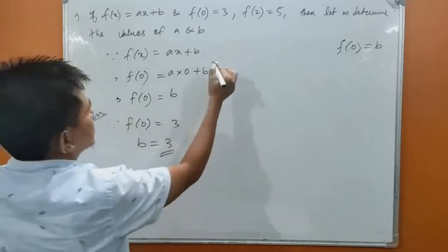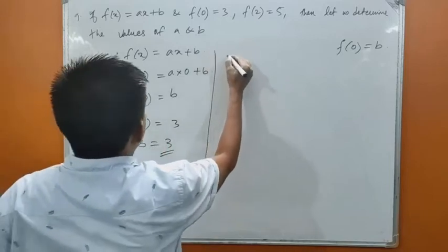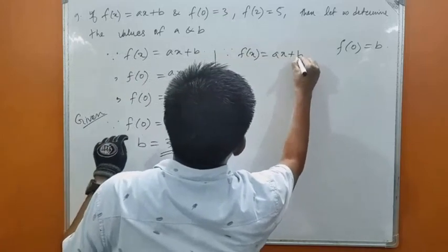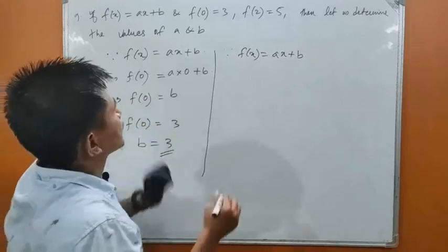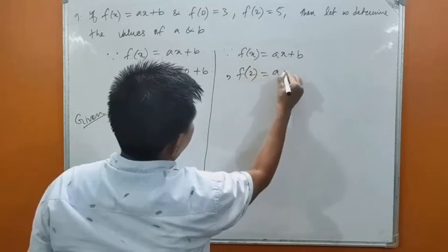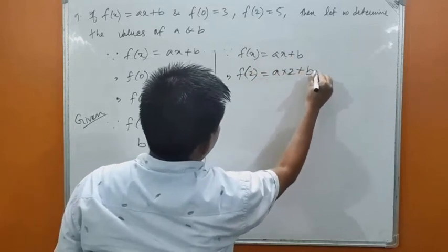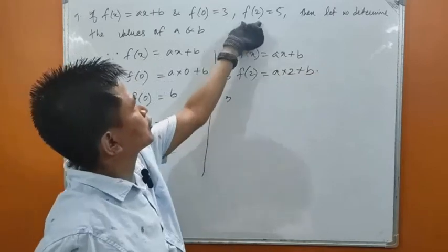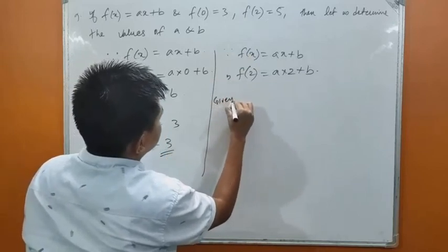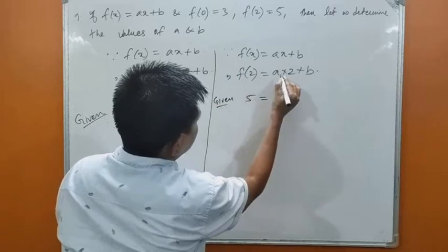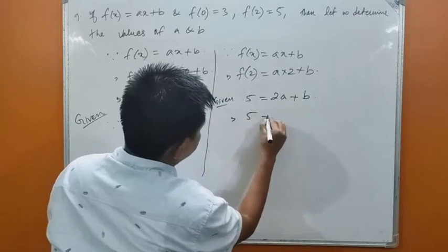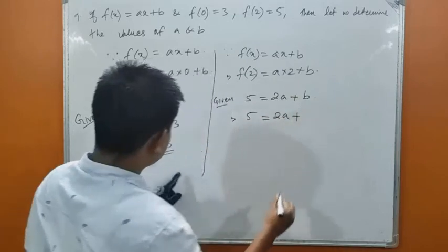Okay. And the second condition, f of 2. Since f of x equals ax plus b, f of 2 means a into 2 plus b, and the value of f of 2 is given to us, 5. So 5 equals 2a plus b, and b is 3, isn't it?